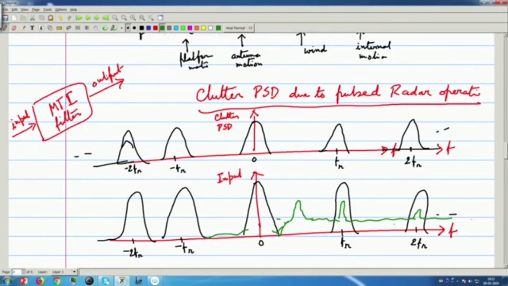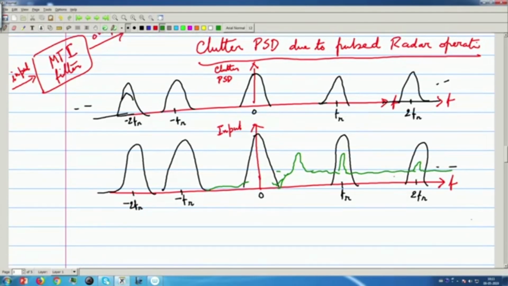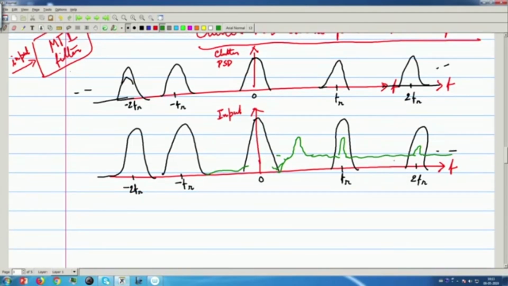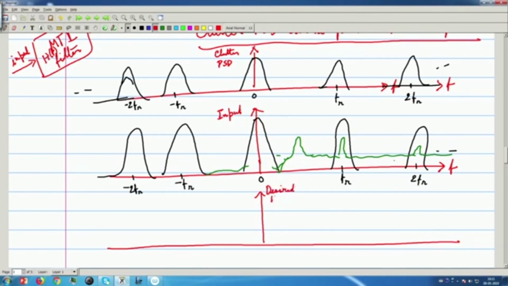So, what is our desired MTI filter response? I can draw the desired response, that means if I call this H(f), we should try to have a null in the desired response.